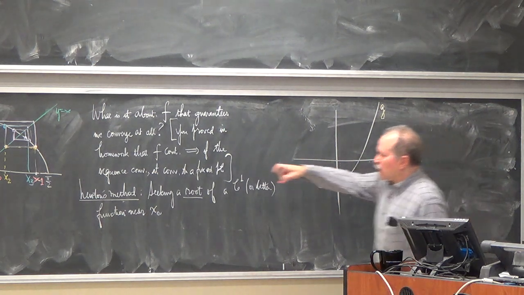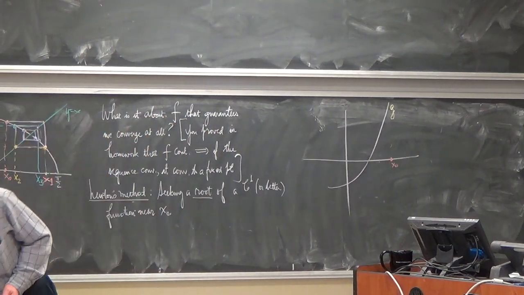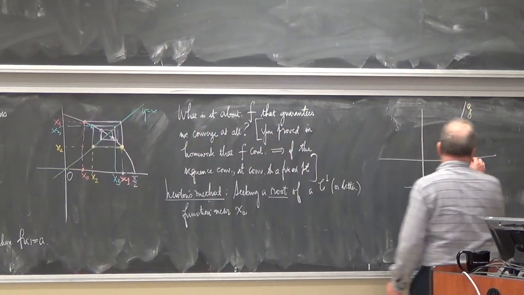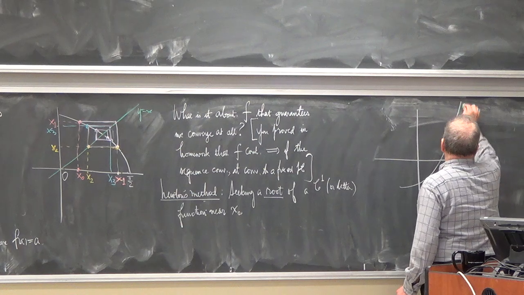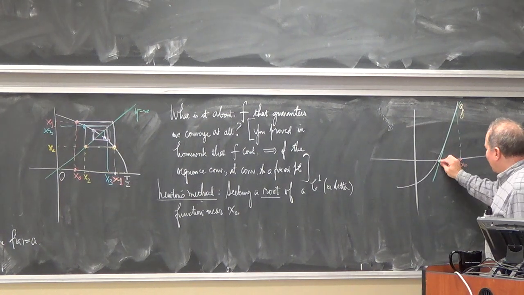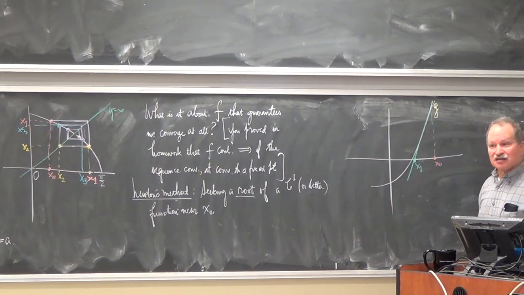So we're not doing what we did here. Newton's idea was to go up and draw the tangent line and see where the tangent line crosses the x-axis and iterate that process.